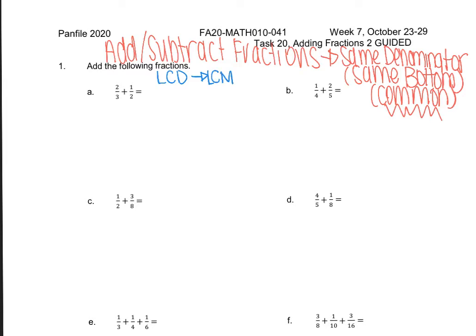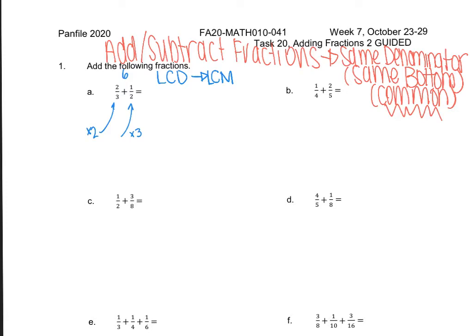You can find the LCM and then figure out what you need to multiply the number by to get to the LCM, and that would ultimately be your LCD. If your LCM is, say, 6, you need to multiply 2 times 3 to get 6, and multiply 3 by 2 to get 6.